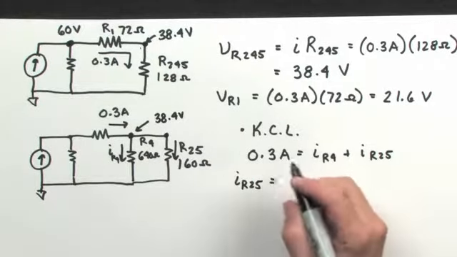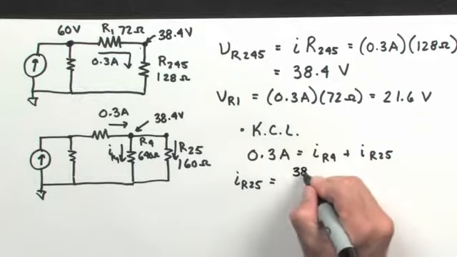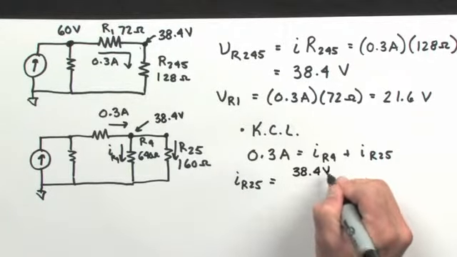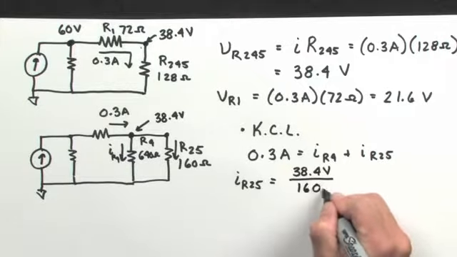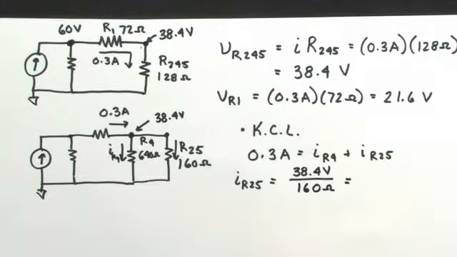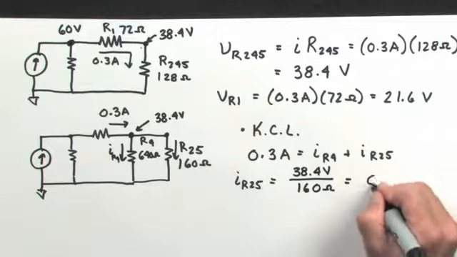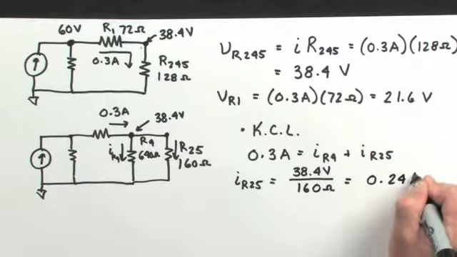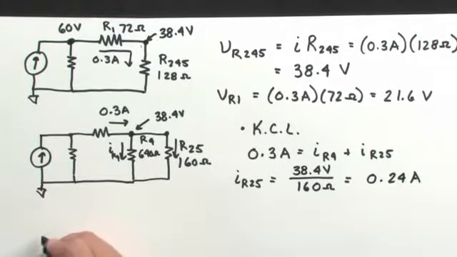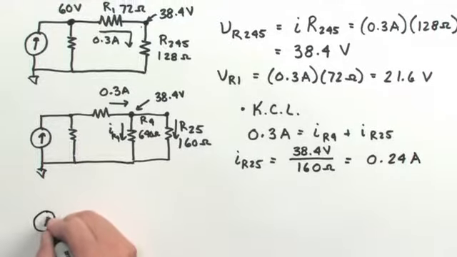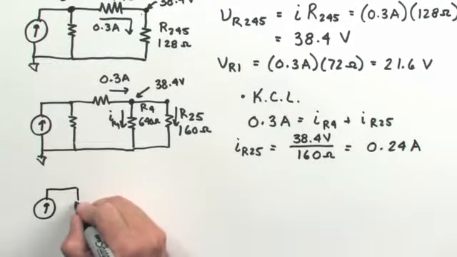Current is equal to the potential difference across the resistor divided by the resistance. The equivalent resistance is 160 ohms, so when I make that calculation, I wind up with 0.24 amps of current flowing through this equivalent resistance right here. With that information in hand, now I can expand my circuit yet again.